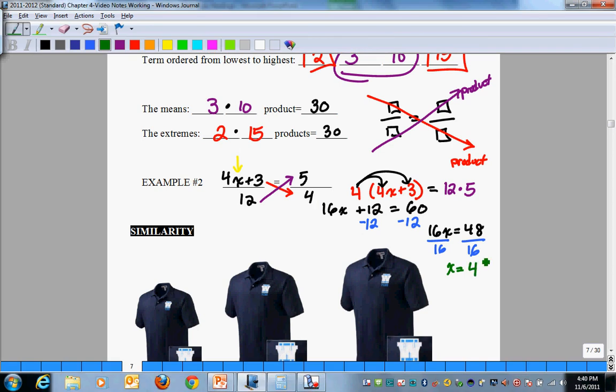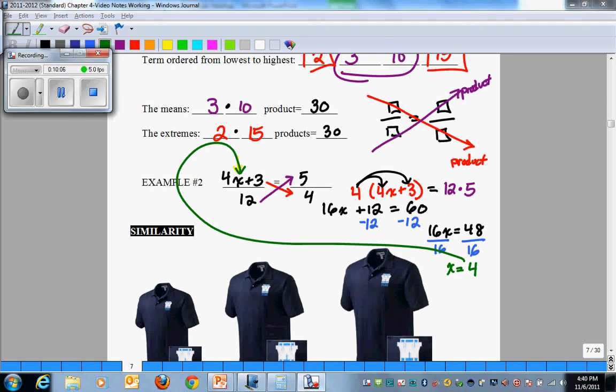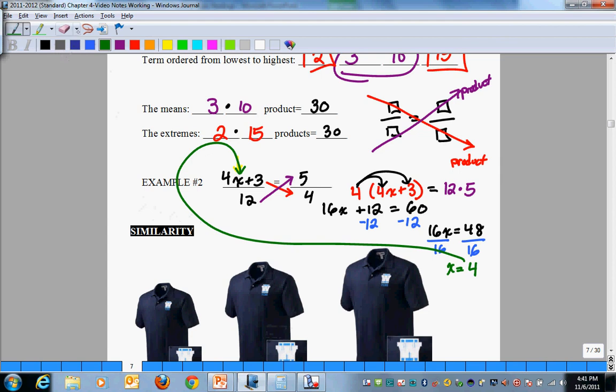Now, it's always important to actually check this and see if it works. So we're going to take this value and plug it in right here. Excuse me, 48 divided by 16 is going to be 3, not 4.